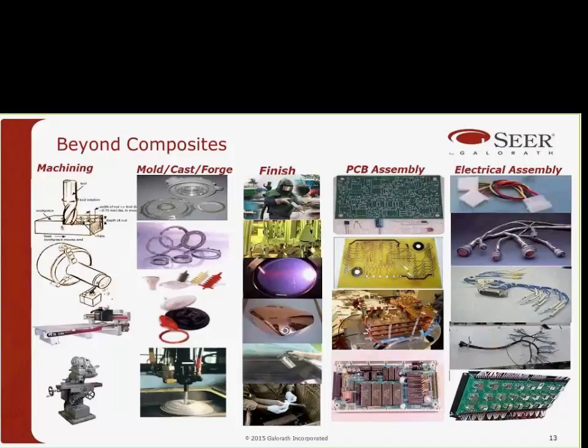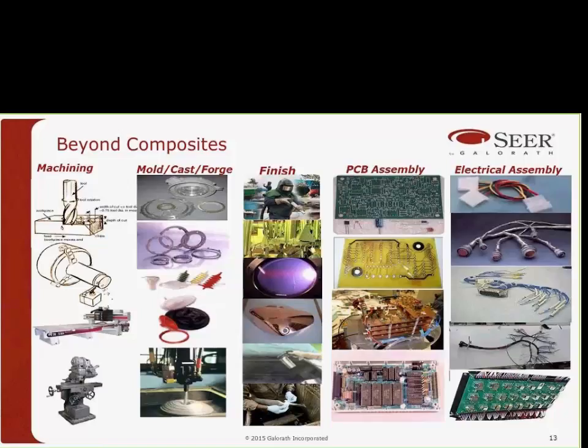And beyond all the more specialized areas of SEER for Manufacturing, there are more familiar and standard processes too, such as machining models, a whole library of drilling, milling, turning, grinding, lapping, honing, more traditional machining processes. Mold cast forging. You have injection molding, sand casting, compression molding, and others. In the finish model, you have spray painting, electro coating, shot peening, laser peening, a whole library of finishing operations.